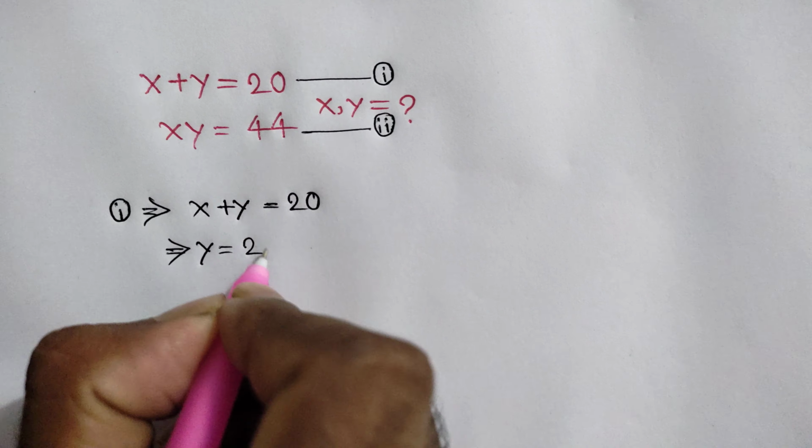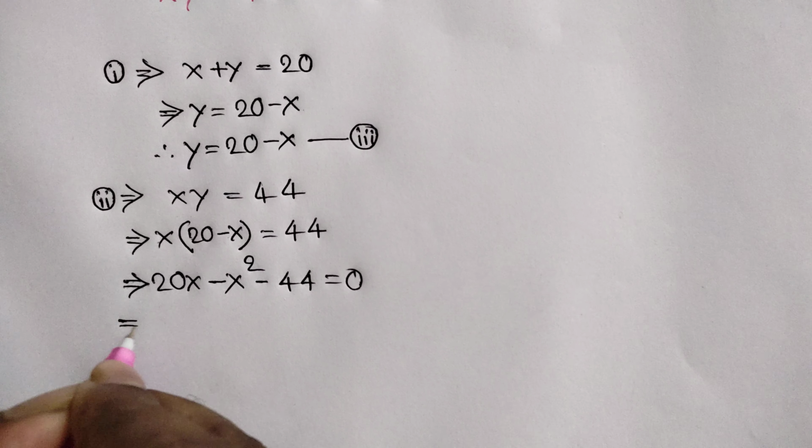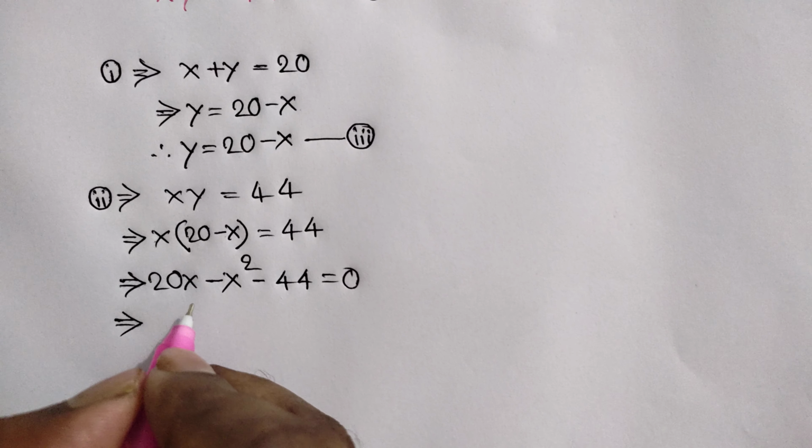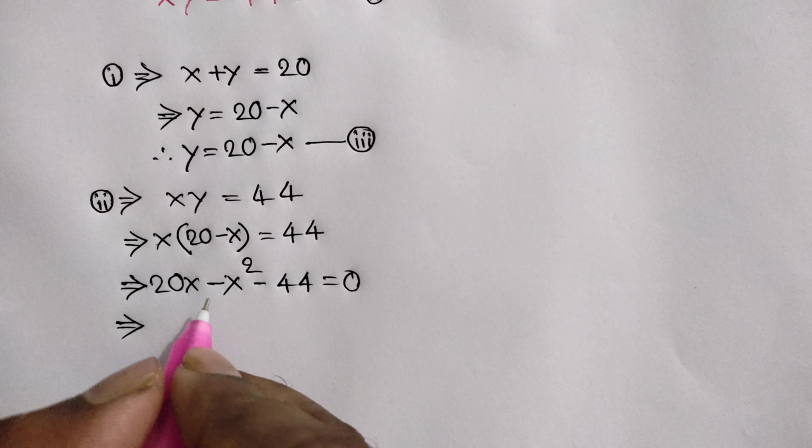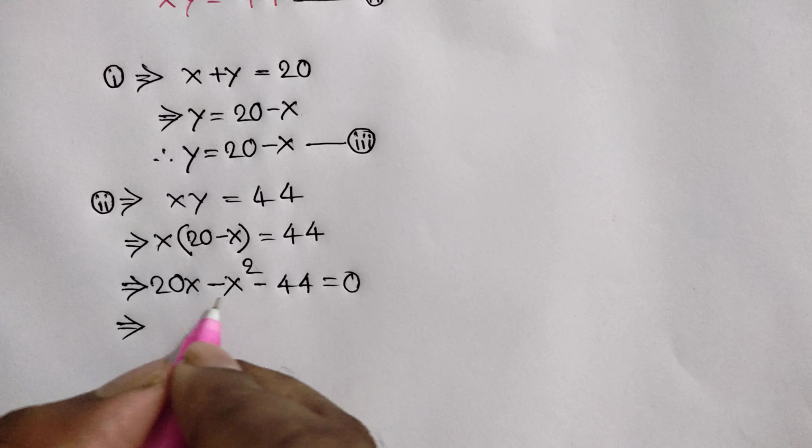Now taking this 44 to left side we will get 20x minus x square minus 44 is equal to 0, or now multiplying both sides by negative 1 and rearranging left side we can write x square minus 20x plus 44 is equal to 0. Okay.